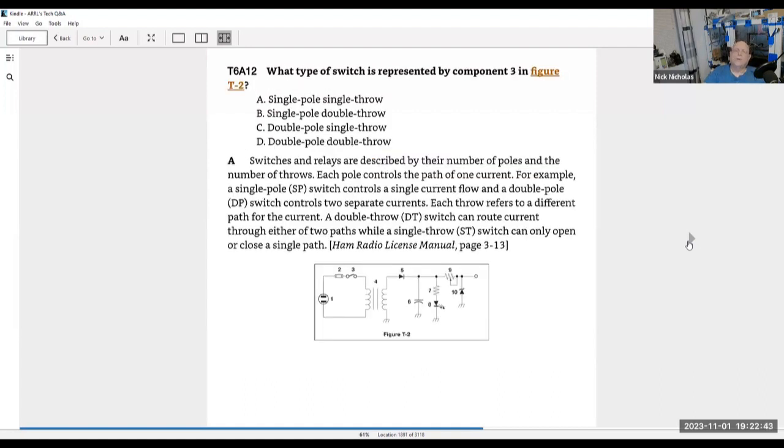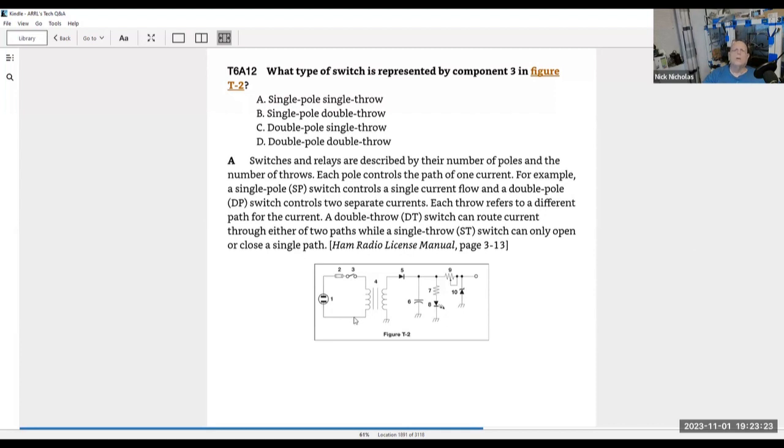Which type of component is in figure T2? Well, let's look at figure 2, T2. We want to know which switch is represented in here. There's just a single pole and a single switch point to this switch. If there was another switch point, there would be a dashed line and you'd see another switch indicating they had the same pole, but with a double throw.